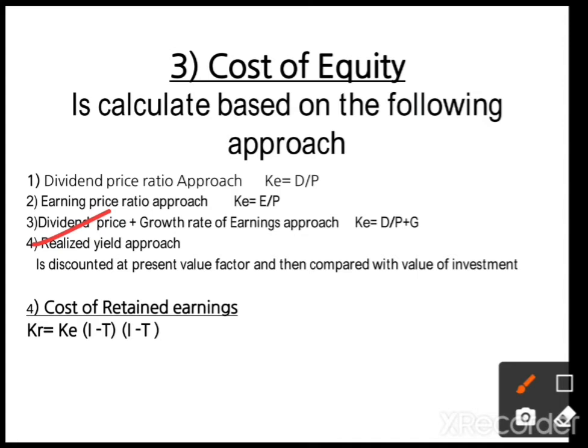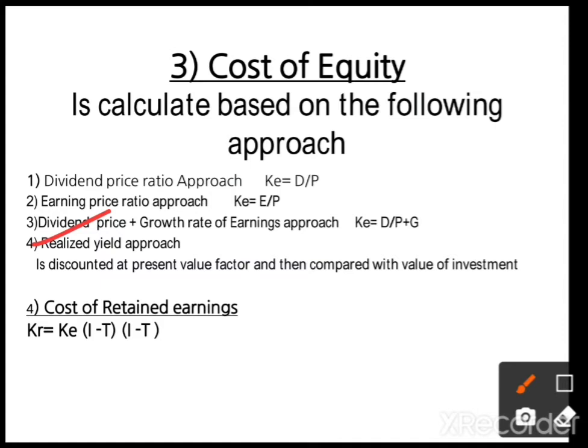G means the rate of growth of dividend, which is the growth rate of earning per share. Whatever growth rate of earning per share is given in the problem, we should add that. So proportionately we get the dividend price plus growth rate earning approach.